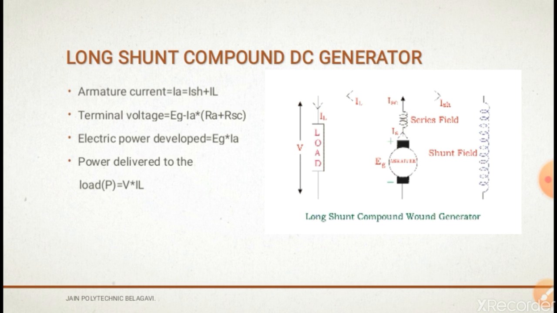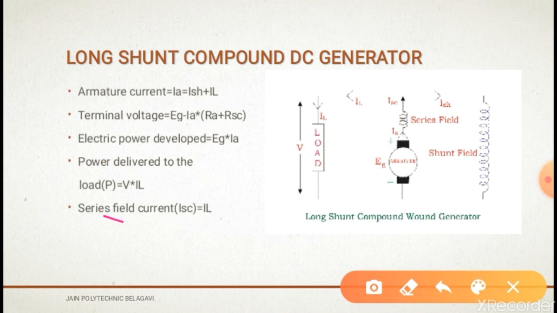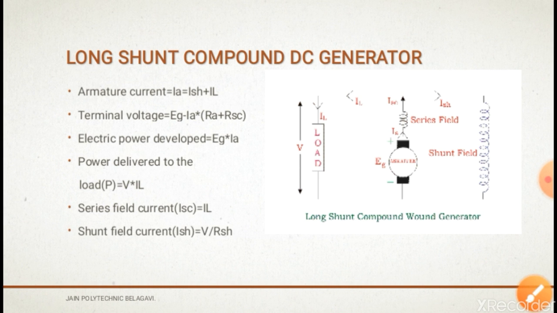Power which is delivered to the load is given as V into IL. There is some mistake here, so the series field current is given as Isc equal to this IL, it is not Ia, and shunt field current is given as V divided by Rsh.